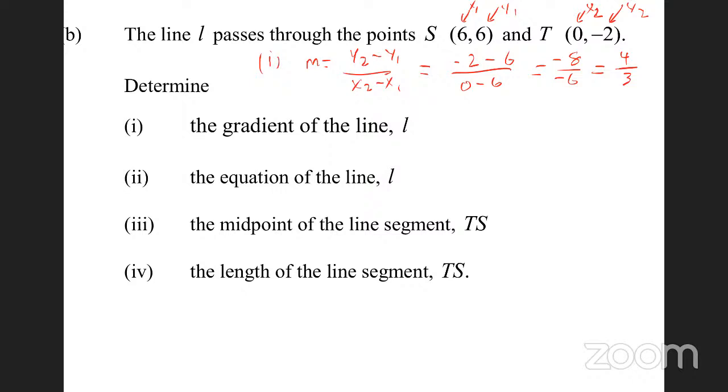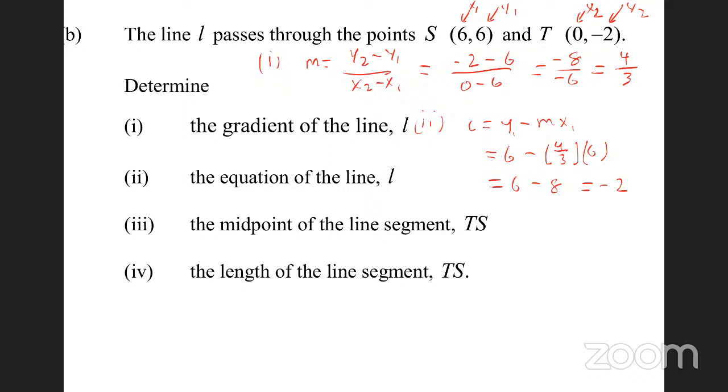Good. Next one. Equation of a line. To get the equation of a line, what do we need? M and C. How do we get C? C is y minus mx. I'll use y1, right? Y1 is 6. Gradient is 4 over 3. X1 is 6. When you work this out, you'll get 6 minus 8, which is minus 2.